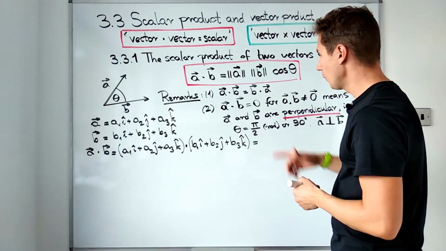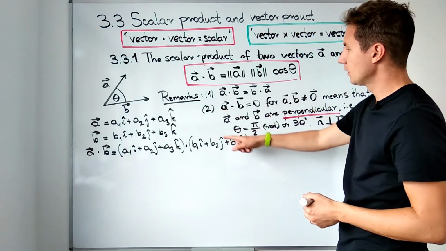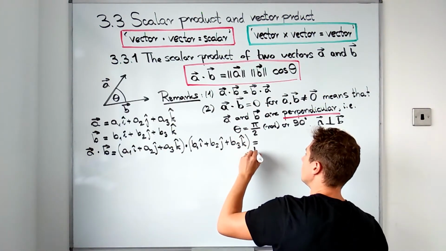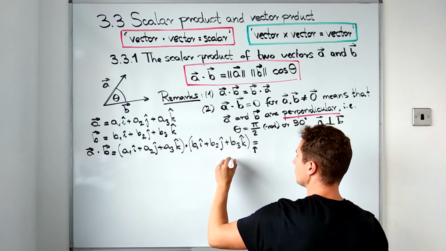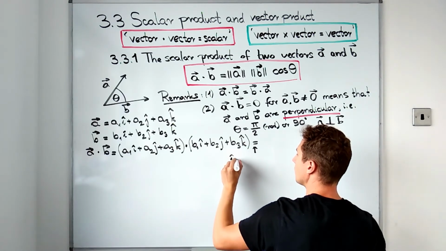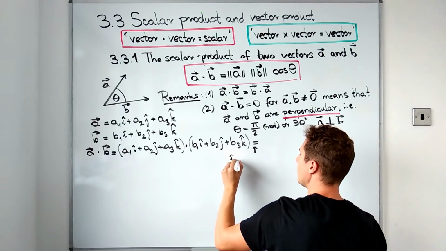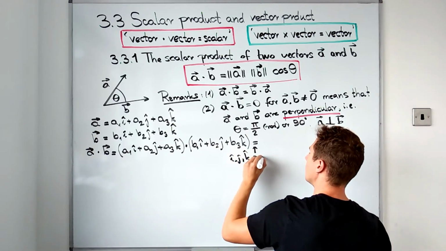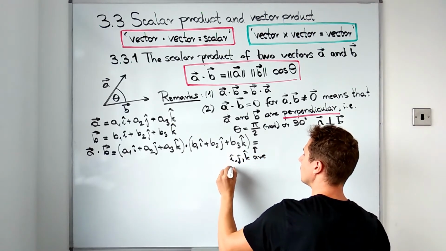And quite magically 6 of these terms disappear, turn out to be 0 because of this second remark. So remember, these basis vectors i hat, j hat, and k hat are perpendicular to each other.